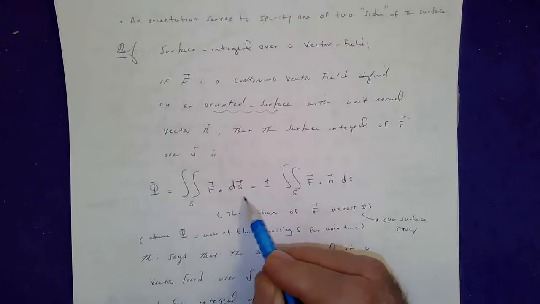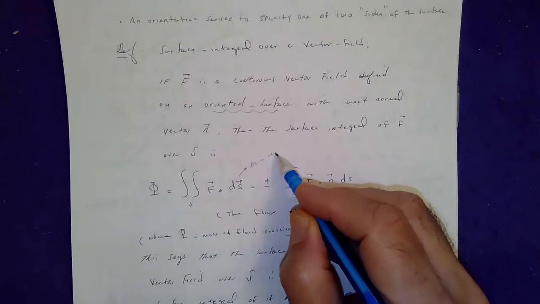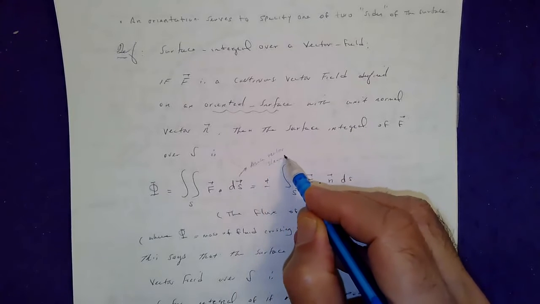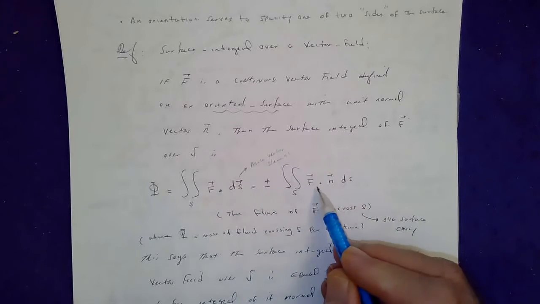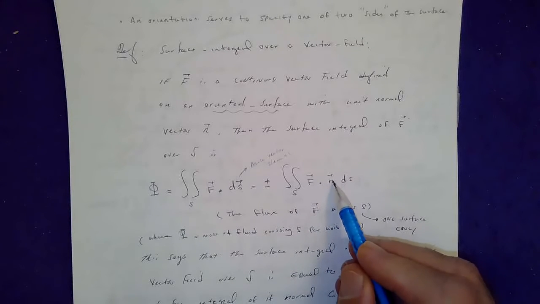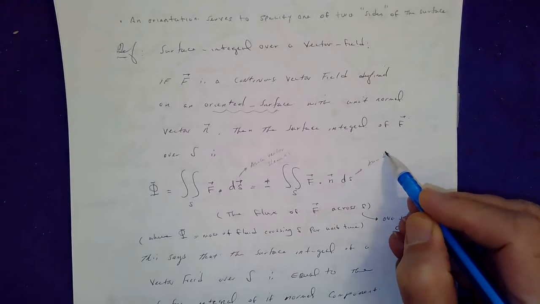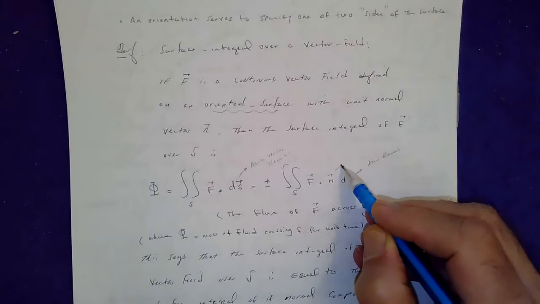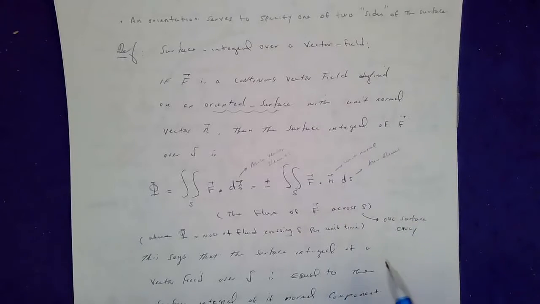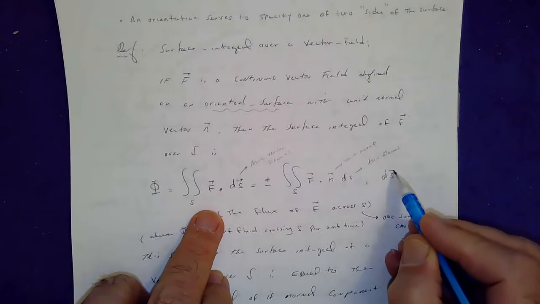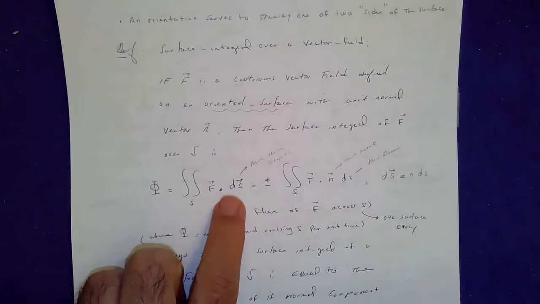It is F dot dS, this is the area vector element, and F is your vector field, which is the same as plus or minus F dot n dS. This is just the area element, but this is a scalar. And this is the unit normal to the surface. In other words, the vector dS is defined as n times dS.